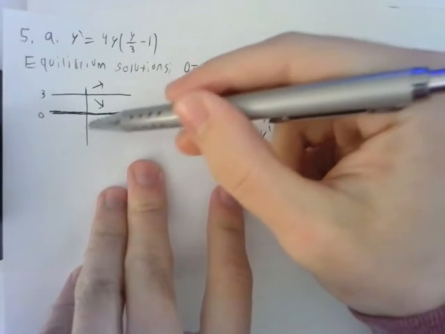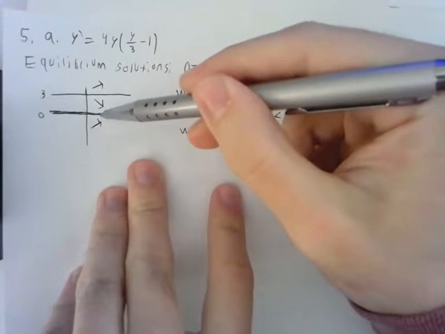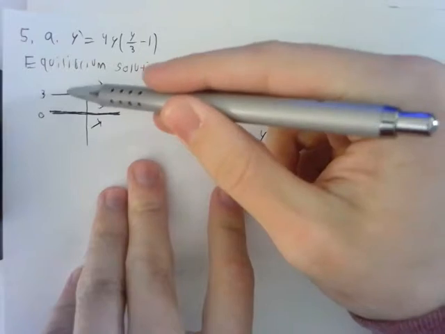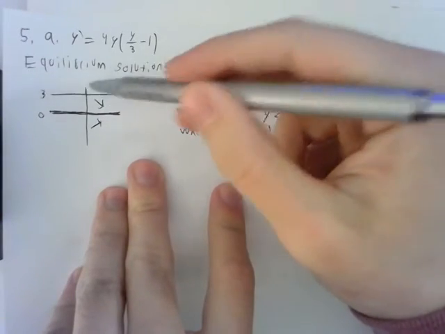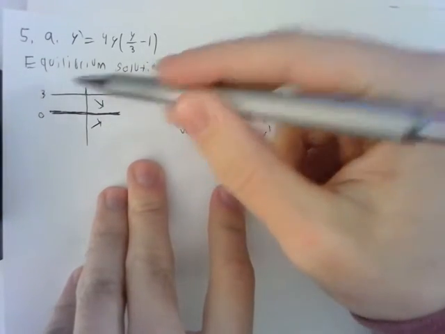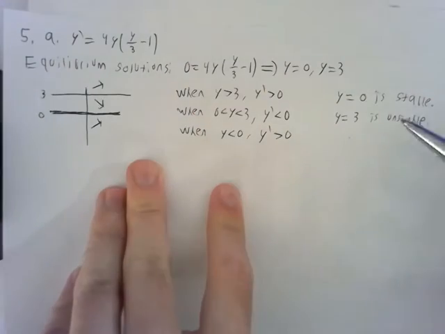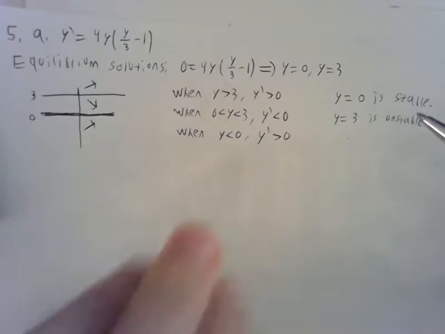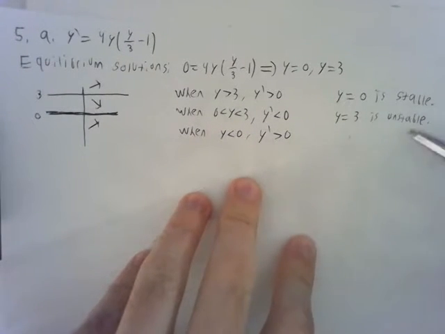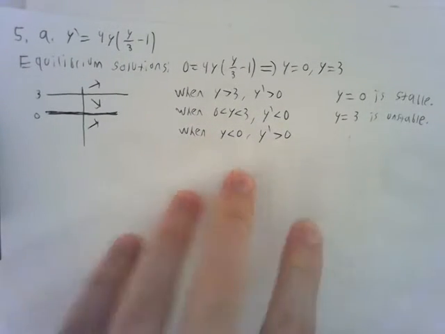A solution that starts down here will move up towards 0. And a solution which starts above 3 will move away from it. So all the solutions that start near 3 move away from 3, and all the solutions down here move towards 0. So that's why 0 is stable. The solutions are attracted towards it, whereas the solutions move away from 3, so it's unstable.